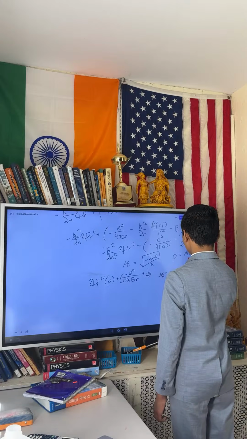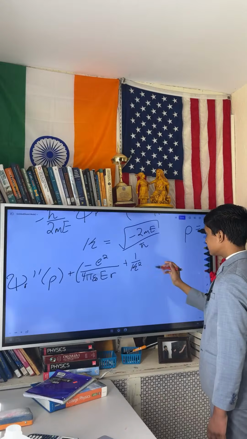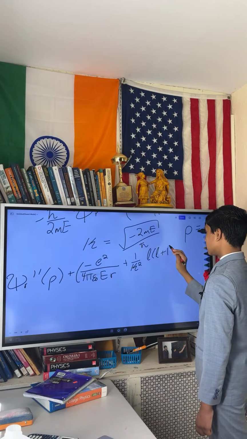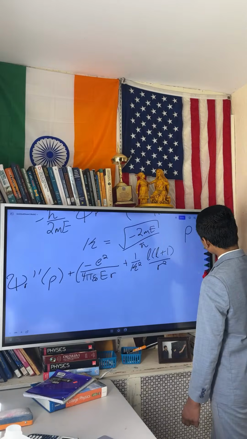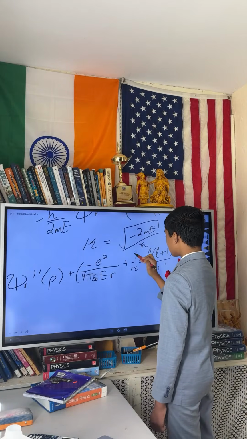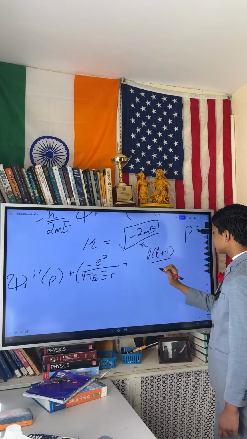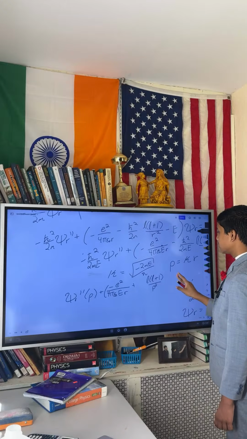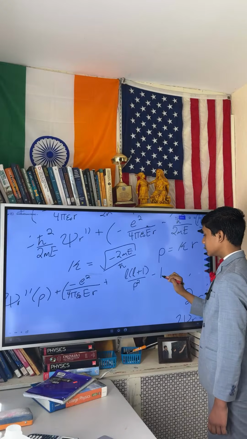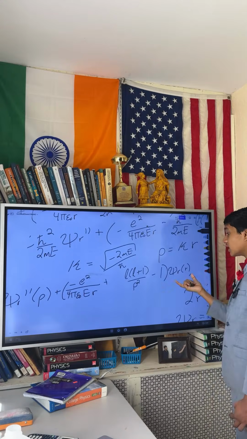So let's erase what's over this way. Multiplied by L times L plus 1 over R squared. Oh, would you look at that? That's just rho squared. So you replace the denominator with rho squared. And then the rest you have just minus 1, which isn't affected by the substitution. This is still psi r of r.